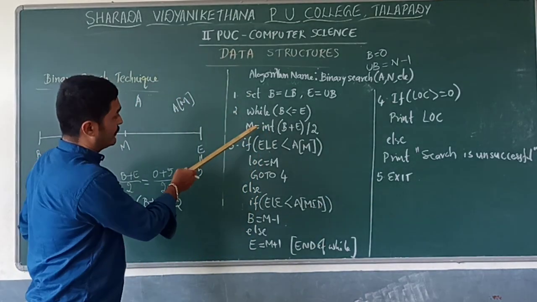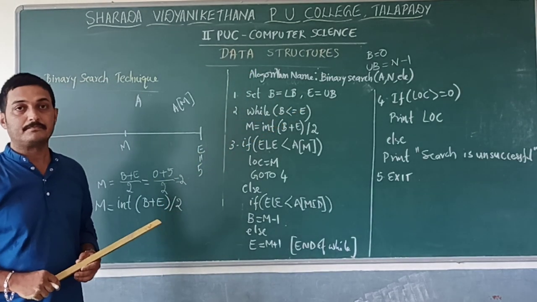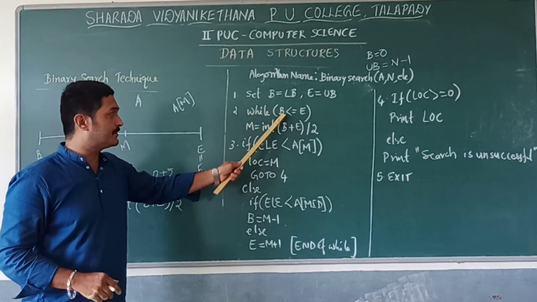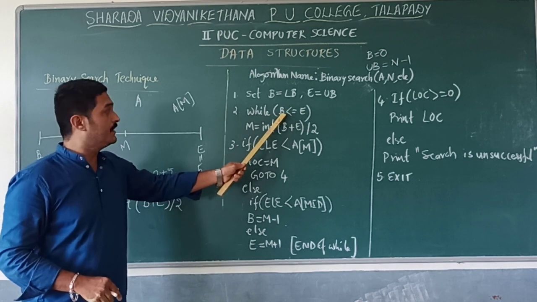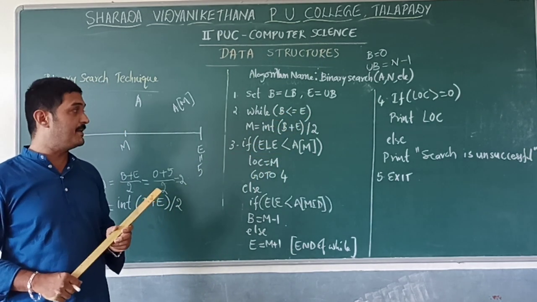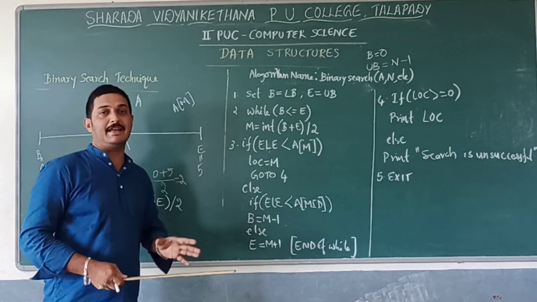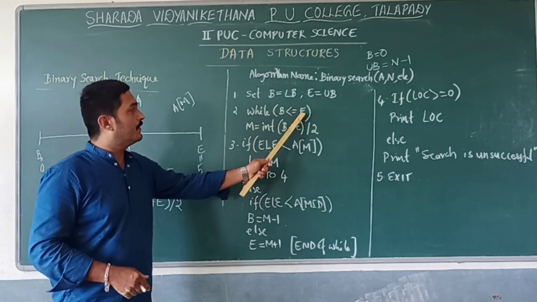Go to the next statement: while b is less than or equal to e. We know b is the location of the first element, and e is the location of the last element. If this condition is true, we continue.